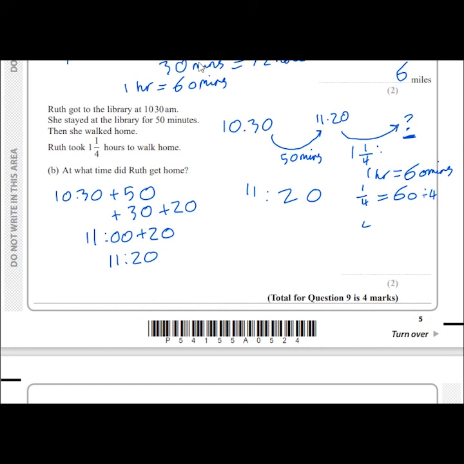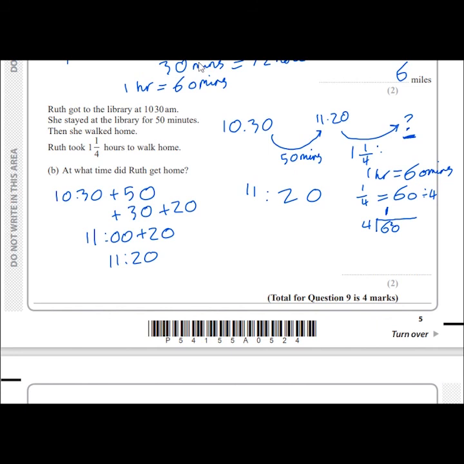Now I'm going to do a bit of bus stop division here. So 60 divided by 4. So what's 6 divided by 4? Well, we can put the 4 into 6 one time, so we get a 1 up here. And what's left over is 2, because 4 plus 2 is 6. So we carry the 2 and we get 20 here. Now what's 20 divided by 4?